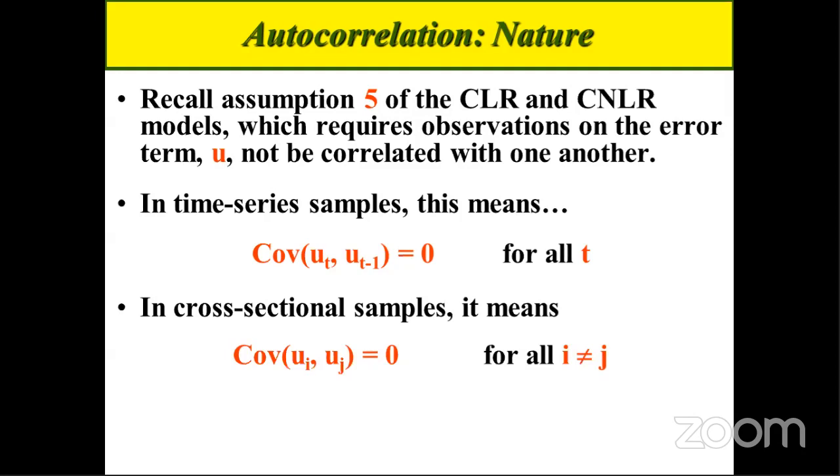But autocorrelation is the correlation for the same variable, that is, the successive values or successive observations of the same variable.